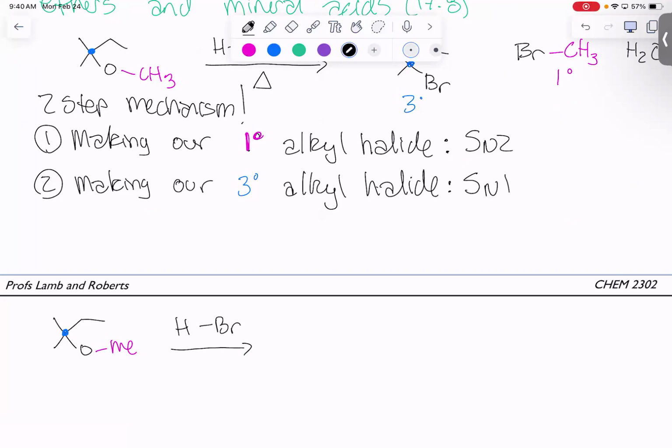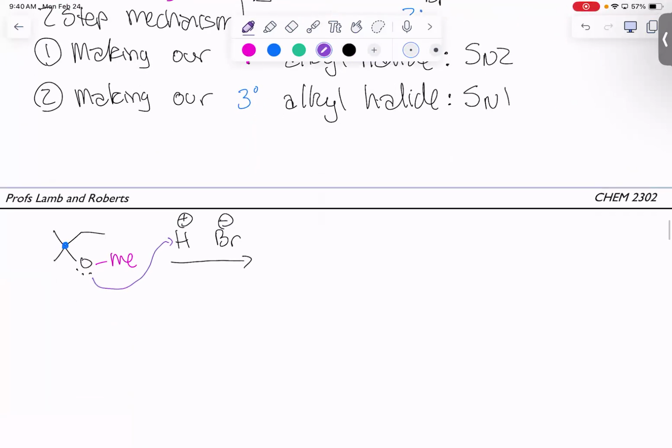This would probably be dissociated, so I'm actually going to write it as H+ and bromide minus. All right, so we're going to protonate our oxygen in our ether, starting the electron density from the lone pair on the oxygen and protonating that hydrogen. If you had those bound to each other, HBr, you could draw another arrow to break that bond. Doesn't really matter to me.